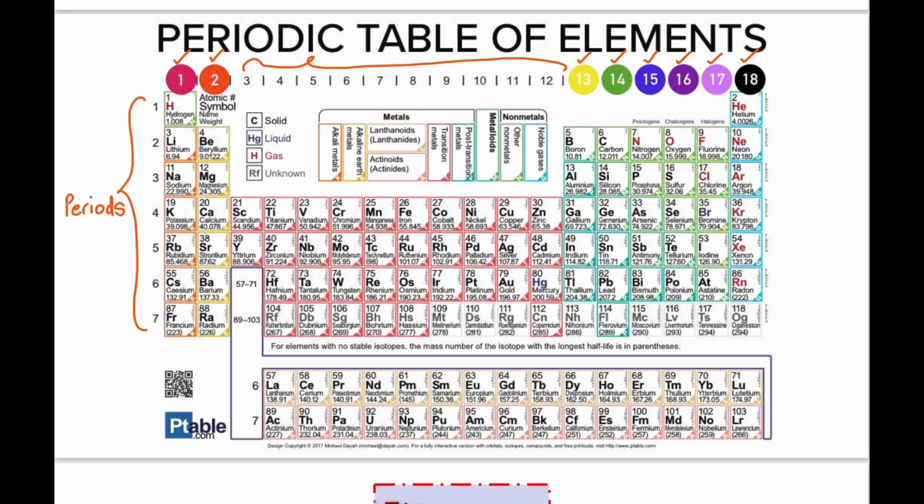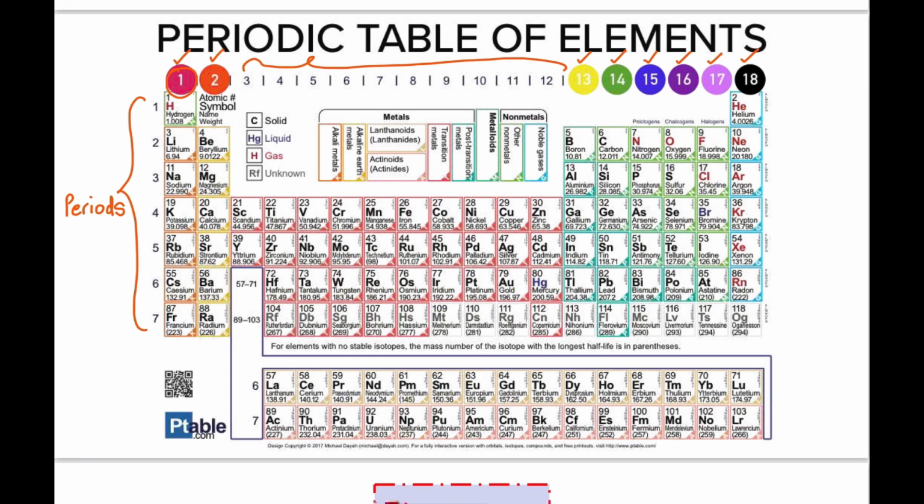Generally, all elements in the periodic table are arranged in increasing proton number. Specifically, these elements are arranged in the same group because they have the same number of valence electrons. For instance, in group 1, all of the elements have 1 valence electron.